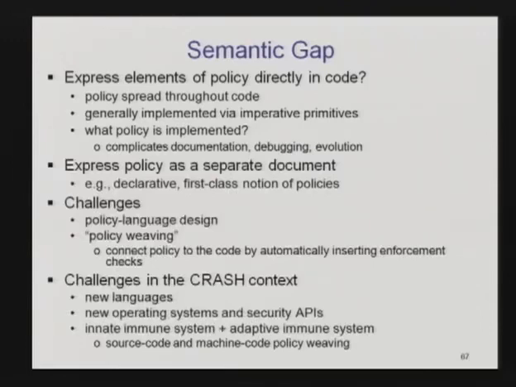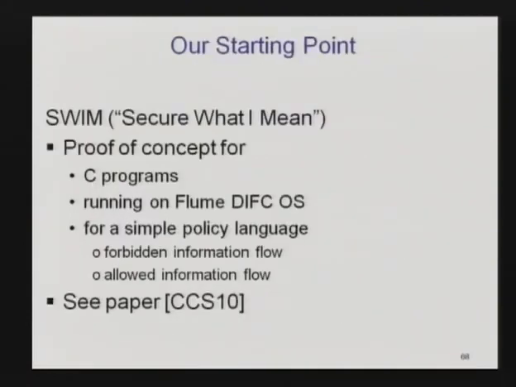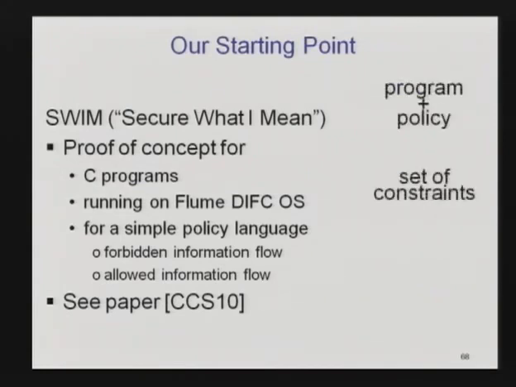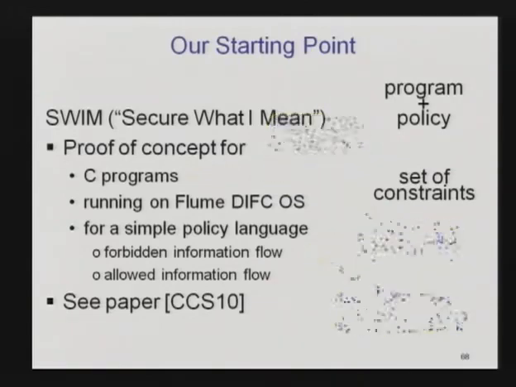You give us the code that you want to instrument, and you give us the security policy, and all the code that Flume needs, we synthesize automatically. Okay, and that's what this is. Bill Harris came up with this acronym called SWIM, Secure What I Mean, and we had a paper in CCS 10 there. So I'm just going to jump into the example.